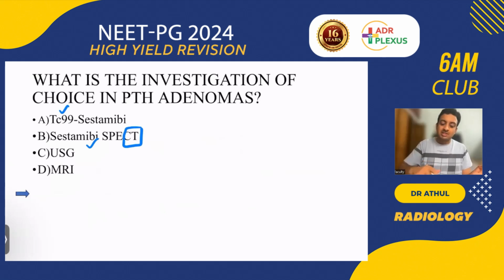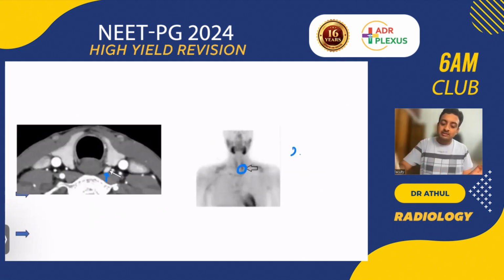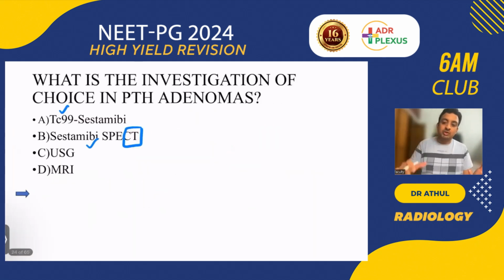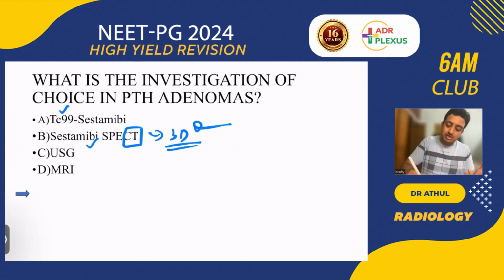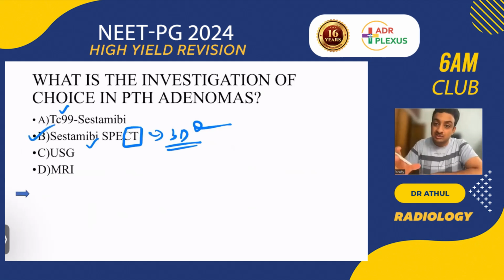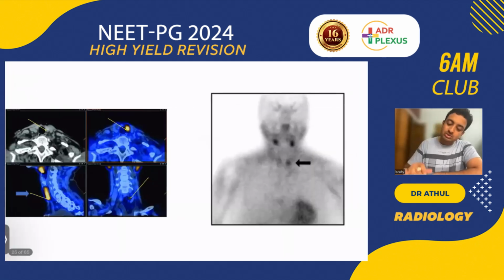Because in nuclear imaging the plain scan is two-dimensional, just like an X-ray. But if you see an image with the uptake fused, it will be better. This is three-dimensional, so SPECT is better. In the last INI-CET, the answer was SPECT. So that is another concept.